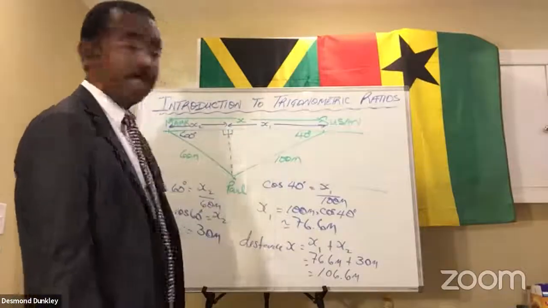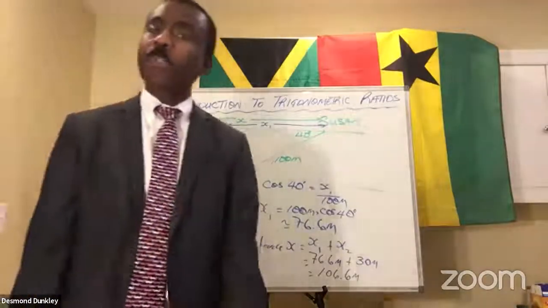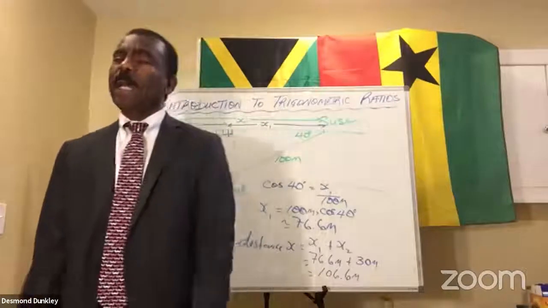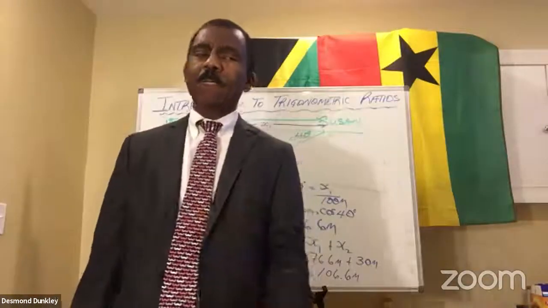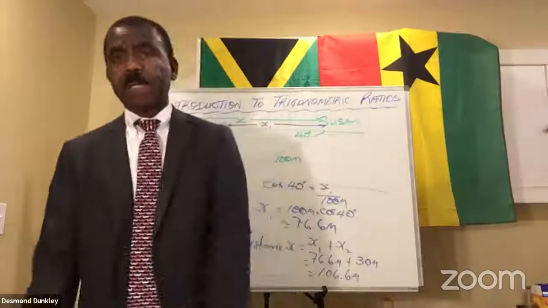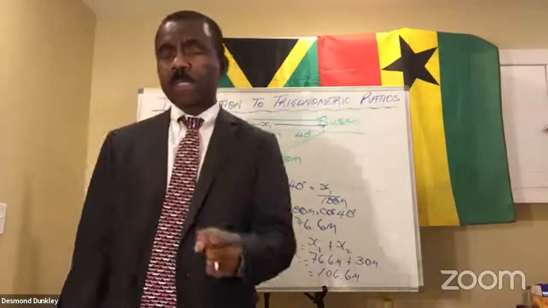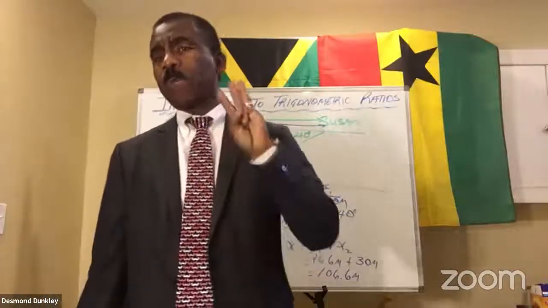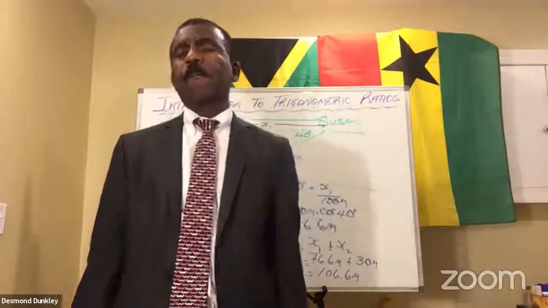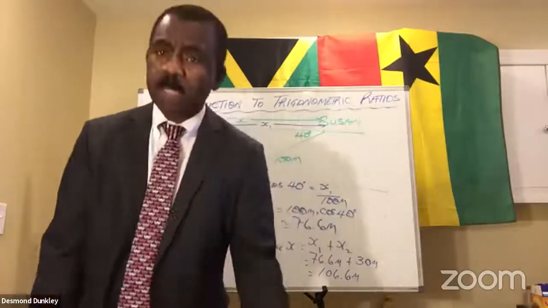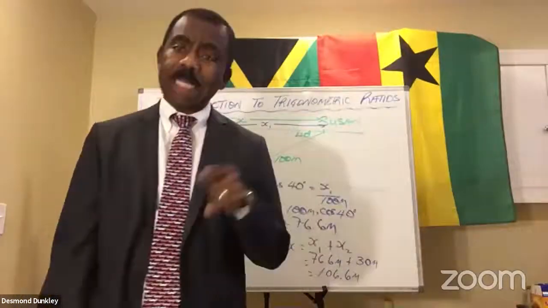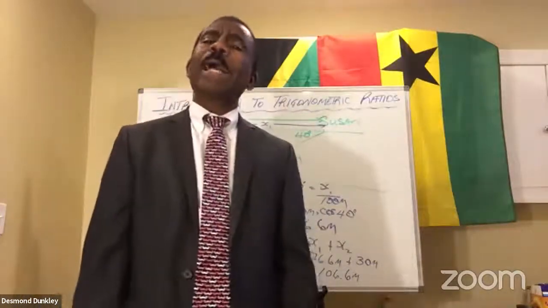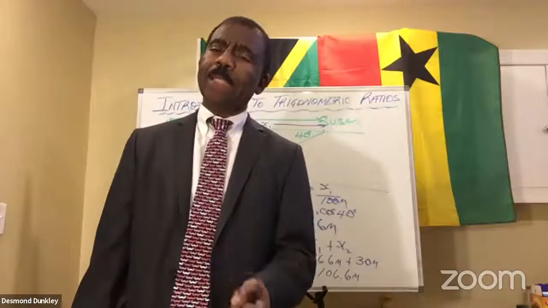So today, I've introduced you to the trigonometric functions, and the most popular ones are sine, cosine, and tangent. I also mentioned that the trigonometric ratios are associated with right triangles. I also mentioned that their reciprocals are cosecant for sine, secant for cosine, and cotangent for tangent.